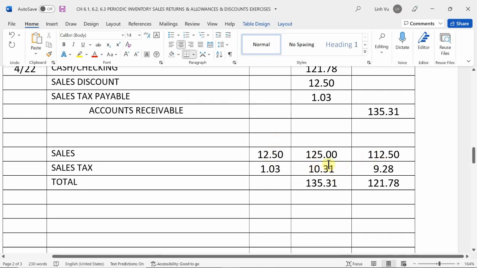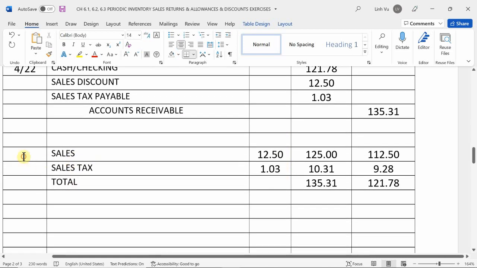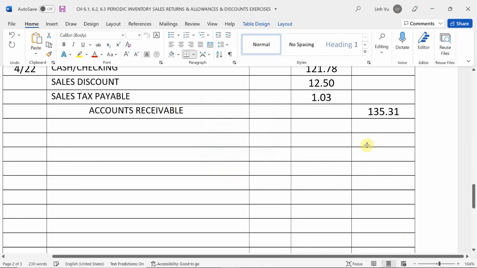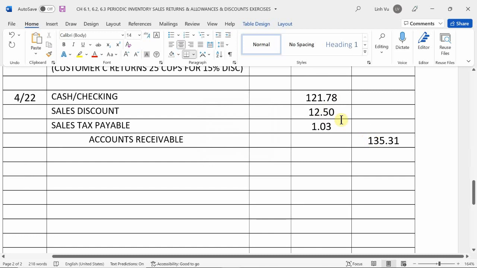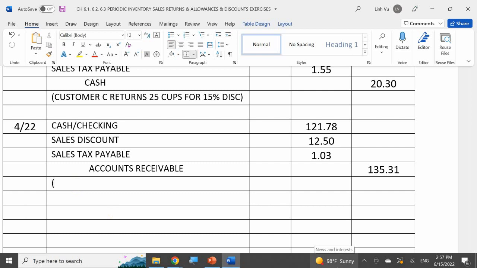The difference between the two taxes was $1.03. Okay, so that's how we would visualize how we would calculate that amount. But in this case, the easiest way is just to take what he truly owes you to begin with, subtract the discount, subtract the tax, and you'll get the money that he is supposed to be paying you, right?